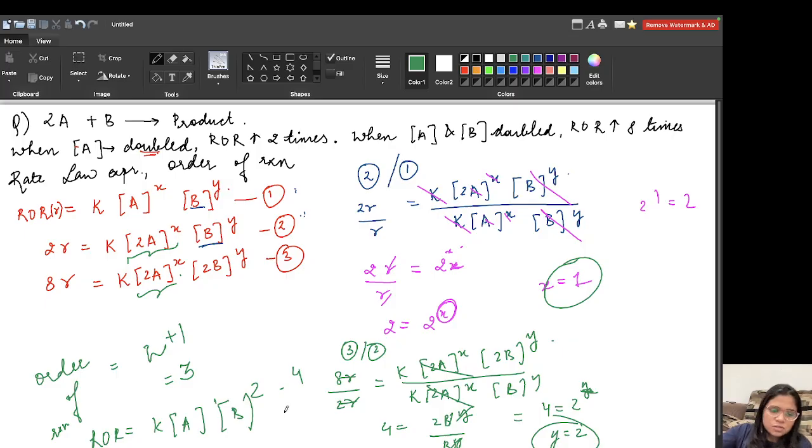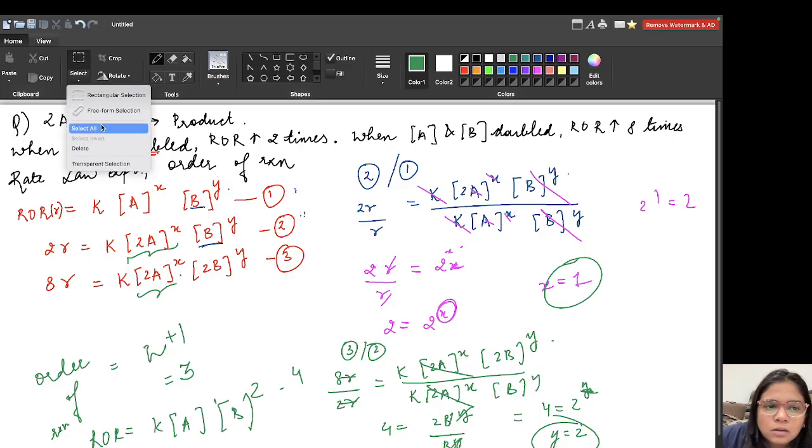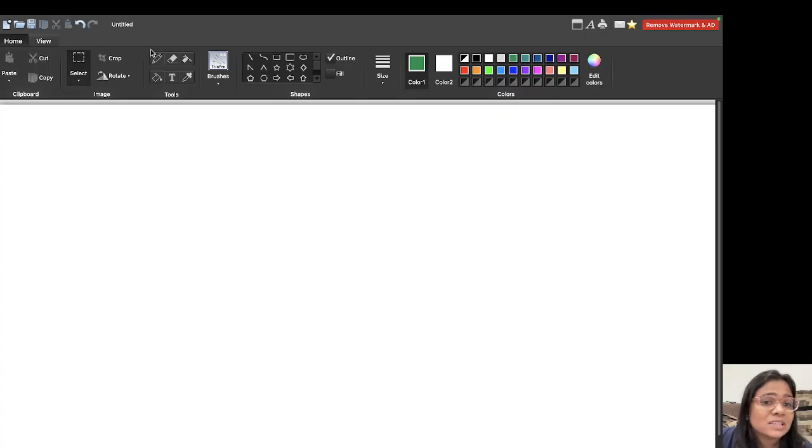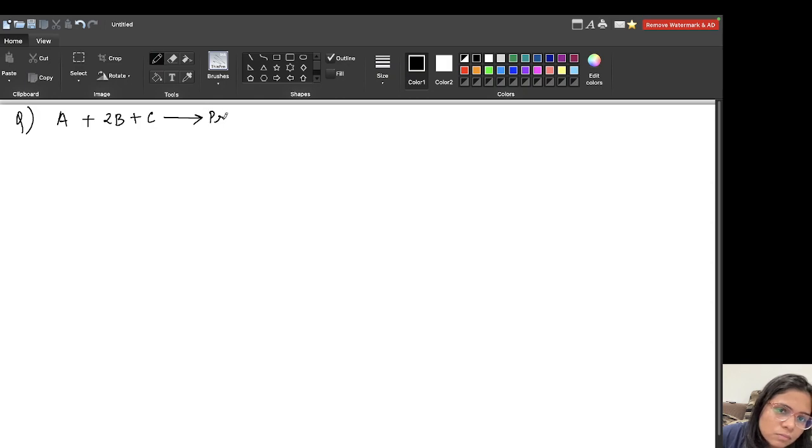Okay, next question is also the same. Similar question I'm giving you, but 4 reactions here. The question tells you this is the reaction A plus 2B plus C giving product. Now, what is the equation?